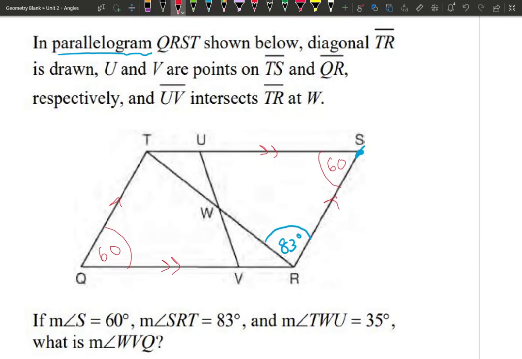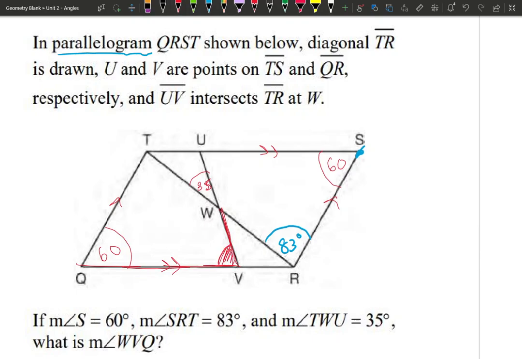And the measure of angle TWU, right? That's this corner over here. So TWU is 35 degrees. Let's put that in. It's a little tiny diagram here. What is the measure of angle WVQ? So W, V, and V to Q. This is the corner that we're trapping.